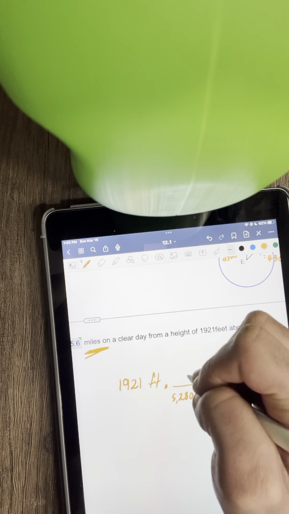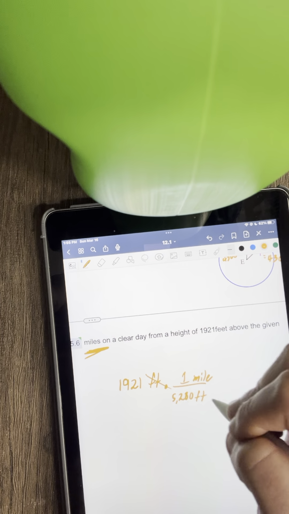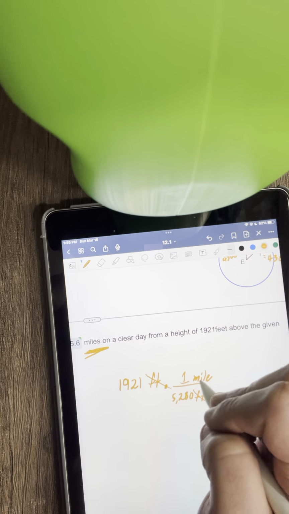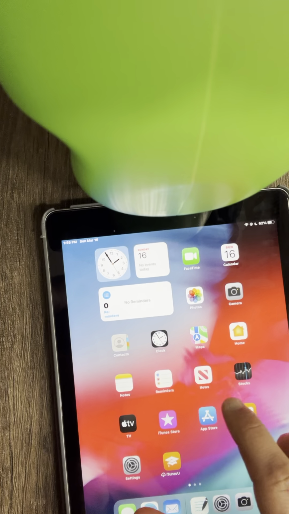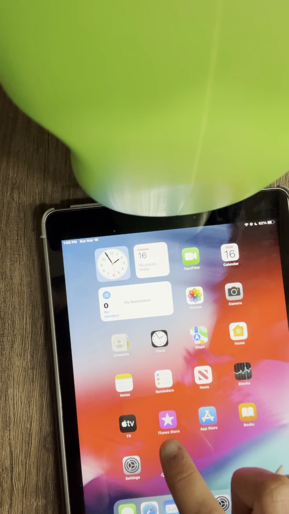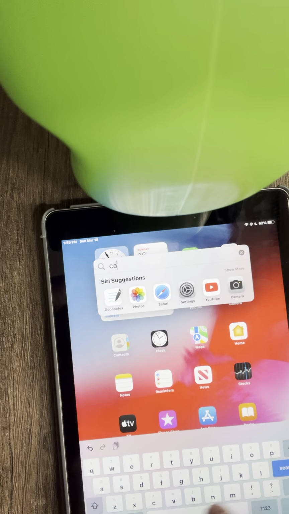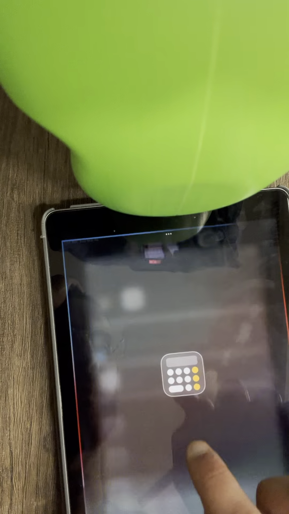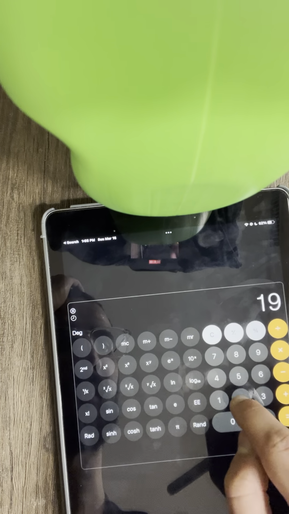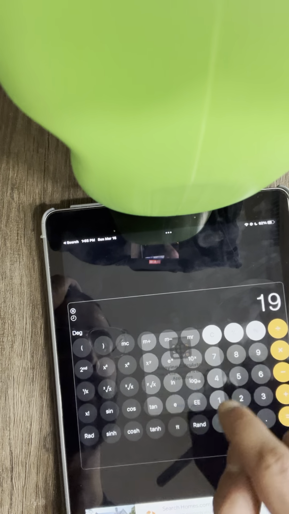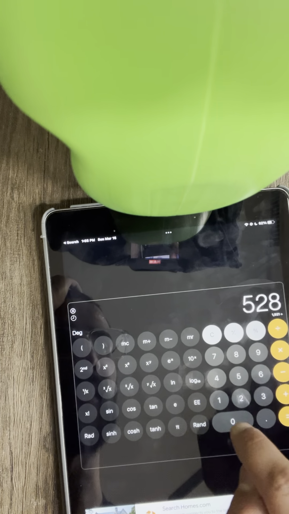5,280 feet in 1 mile. So this and this are going to cancel out, and I'm going to be left with just miles. So 1921. So where's the calculator? 1921 divided by 5280.